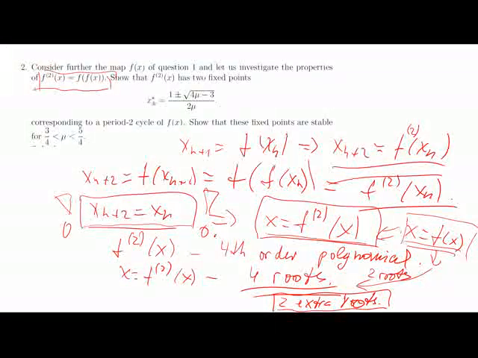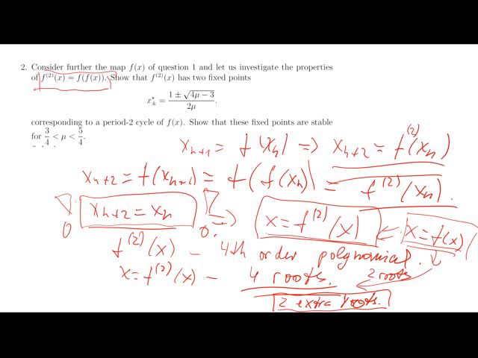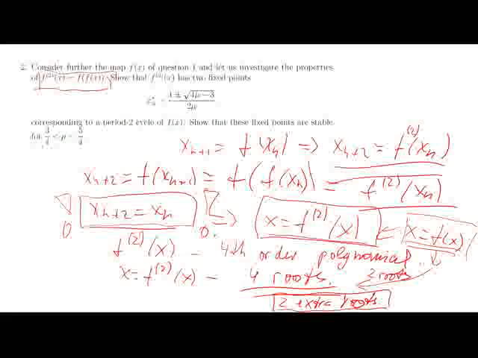Okay. Then what we need to find, again, is fixed points. So this statement here shows that it has two fixed points. It is a bit different. We can consider a map like this: un+1 equals f2 of u.